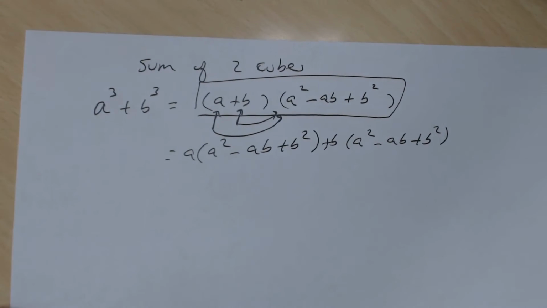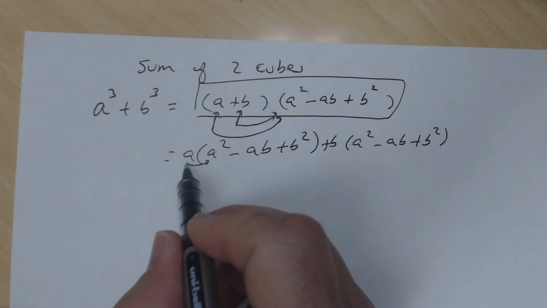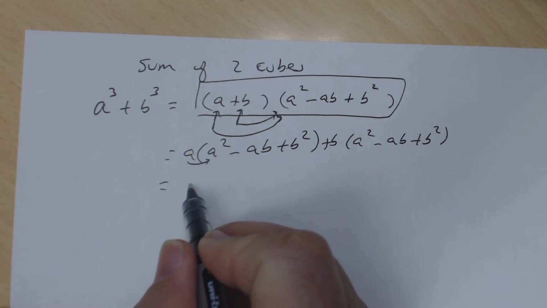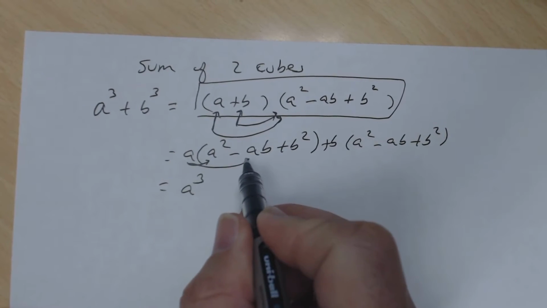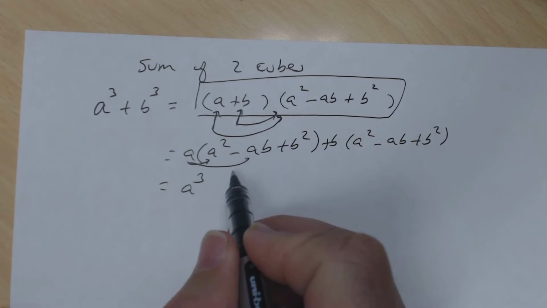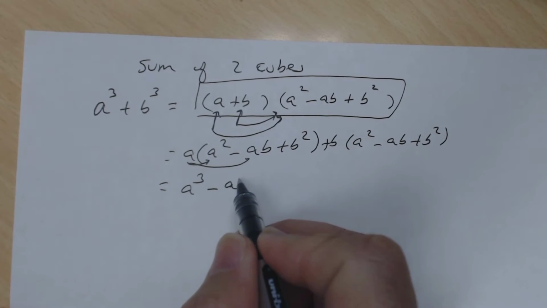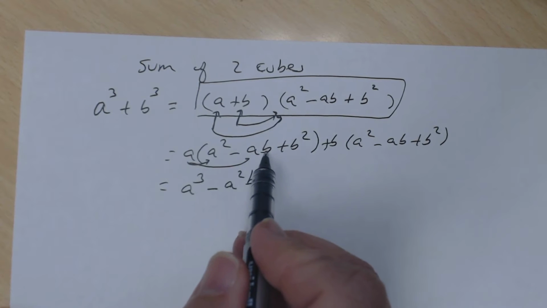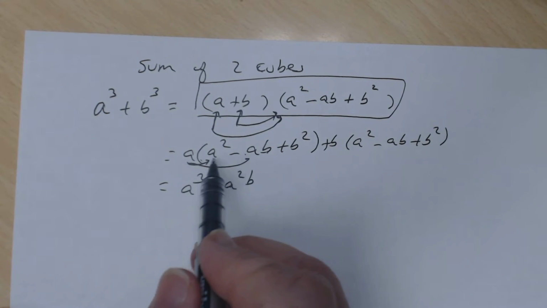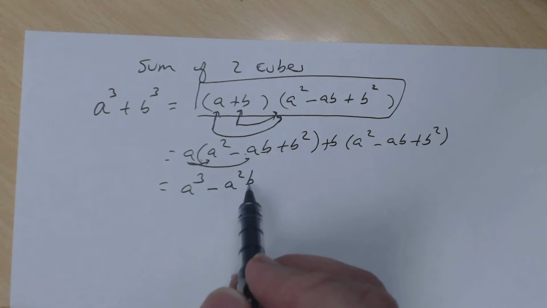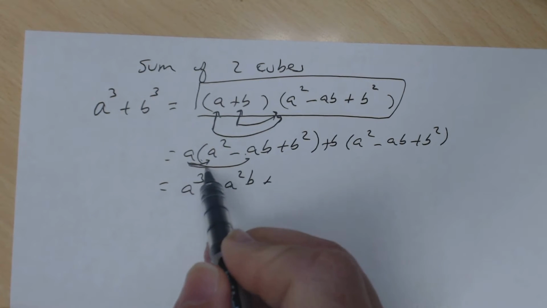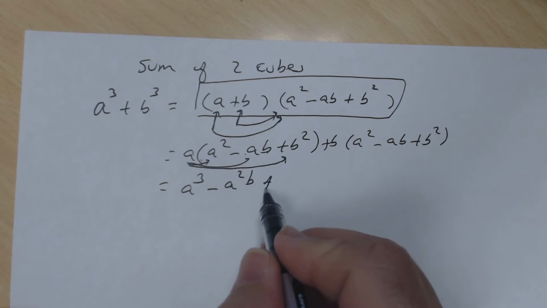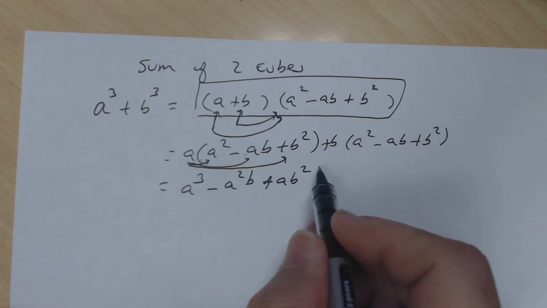All right? So using the distributive property, a times a squared is a cubed. A times a negative ab is a negative a squared b, and a times a positive b squared is a positive ab squared.